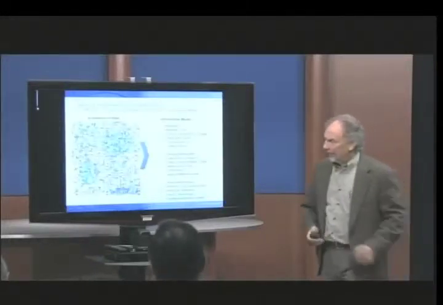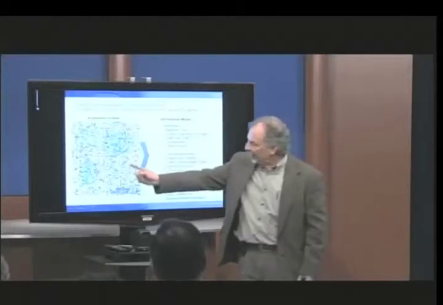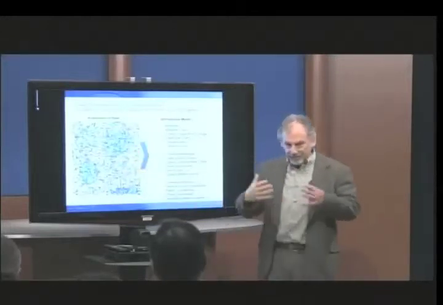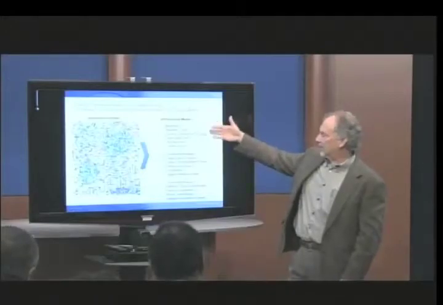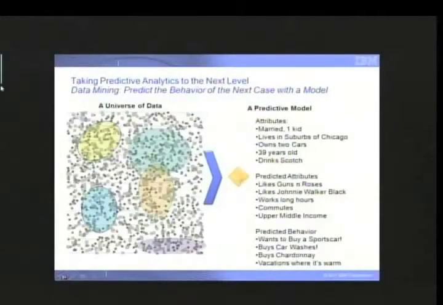So we take that data and then we start to look for patterns, and this is the iterative modeling process. The predictive model might now identify some attributes. You're married, you've got a kid, you live in Chicago, you've got cars, and you drink scotch. Your attributes are that you like Guns N' Roses, we know you like Johnny Walker Black, you commute, you work a lot.